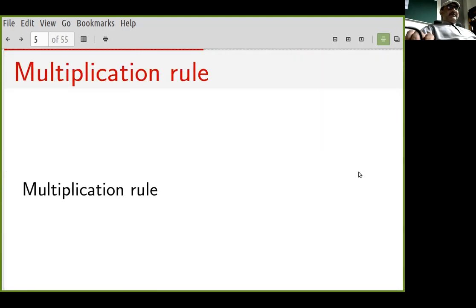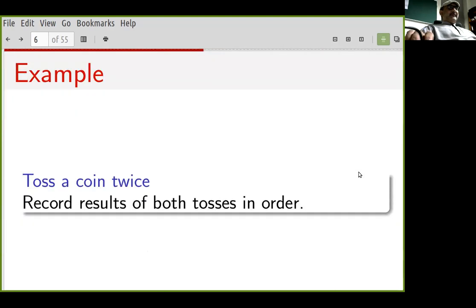Okay. So the biggest rule is the multiplication rule. And what this rule says is, well, we'll give an example before we say what it says. Supposing I want to toss a coin twice. I'm going to toss it, then record the result.